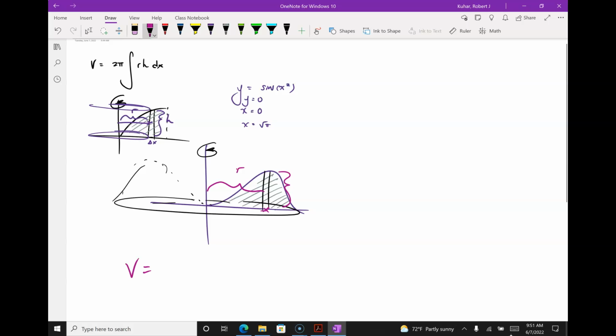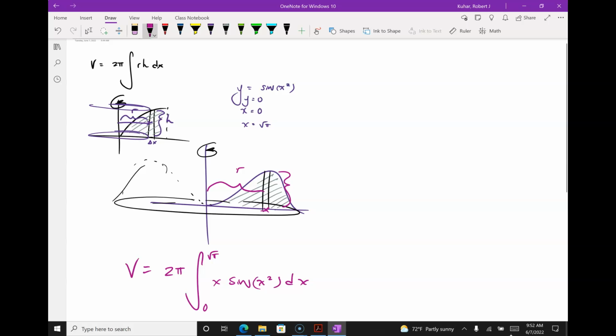So I'm going from 0 to square root of pi of x sine x squared dx. The radius is x, the distance from the axis of revolution to the rectangle, as a right minus left. The height of that rectangle is just the function itself, and delta x turns into dx.